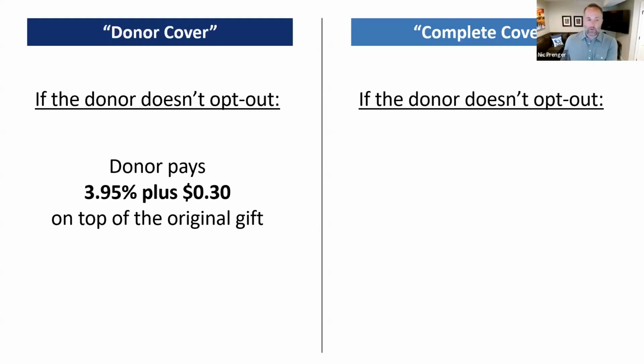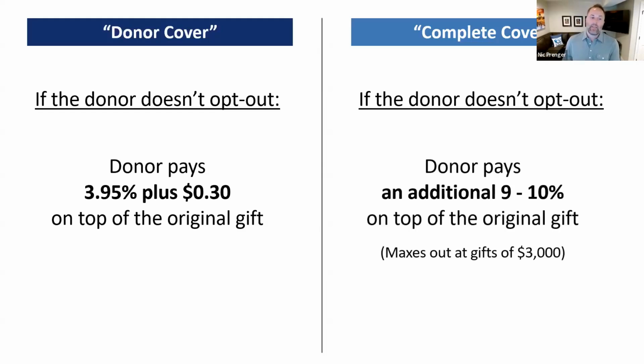On complete cover, if you turned it on and the donor does not opt out of complete cover, they are going to pay an additional 9 to 10% on top of that original gift, although it maxes out at 3,000. Lauren, did I say that right? Correct. At 3,000, it switches over to donor cover regardless. Okay.